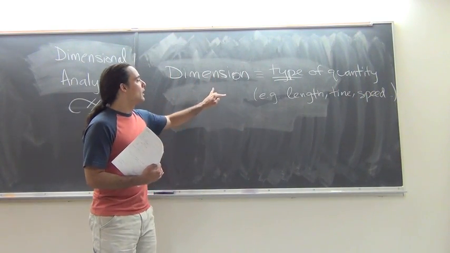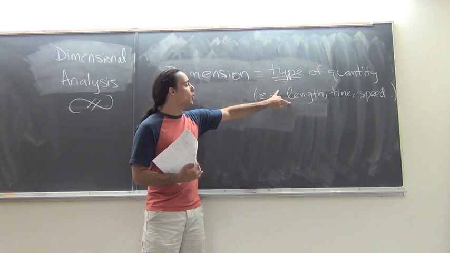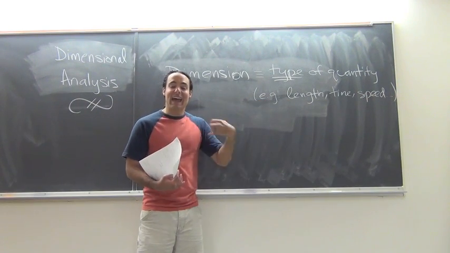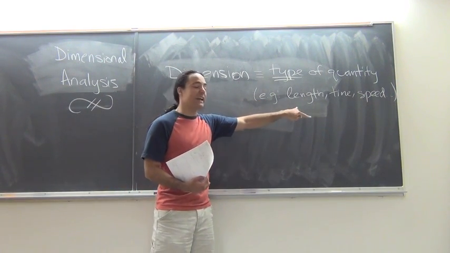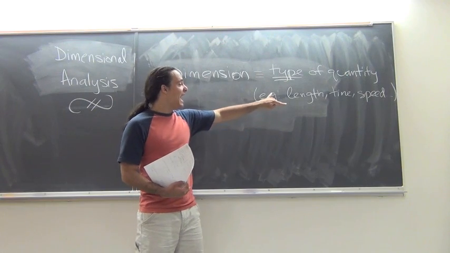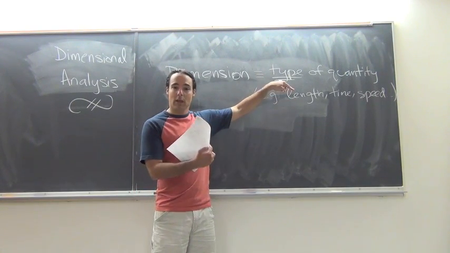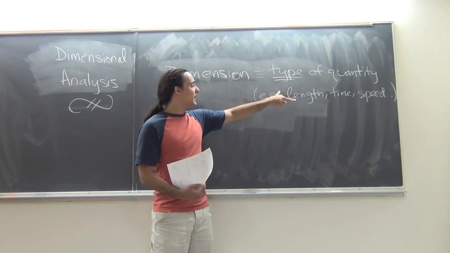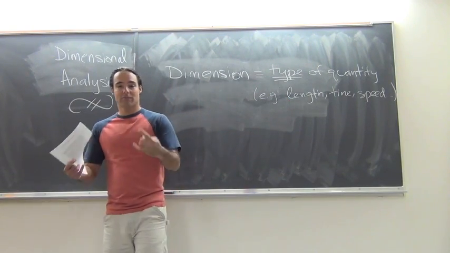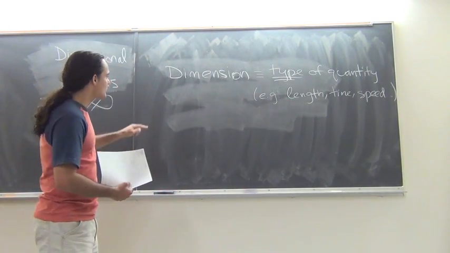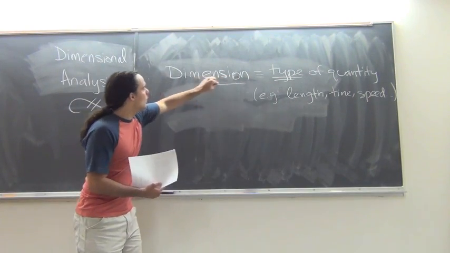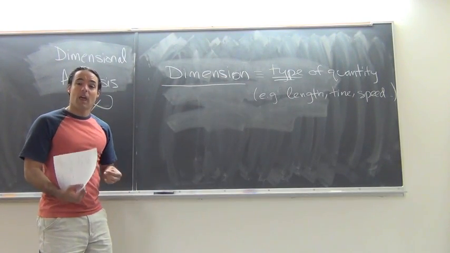However, if I'm going to add a length to something else, I've got to add it to another length. I can't add a length to a time. I could add a length to a length measured in different units, so I could add centimeters to meters, but I can't add centimeters to seconds. That doesn't make any sense. So that's what we mean by dimension.